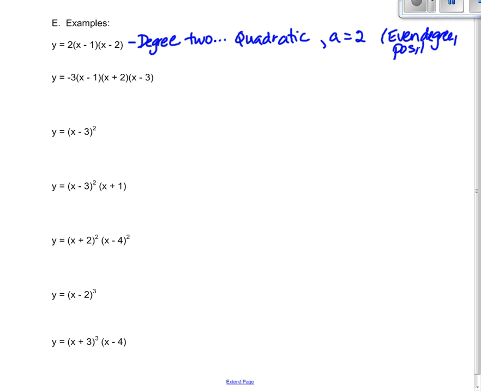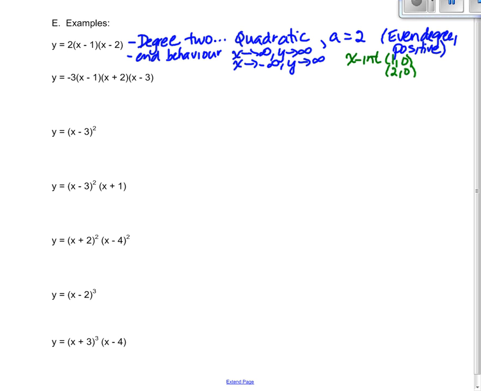So I know the end behavior. As x approaches infinity, the function itself increases. As x goes to the left, the function itself also increases. I know my x-intercepts because it's in factored form. There are 2 of them. The first one is 1, and the second one is 2. My leading coefficient is 2. I've said that already. Let's go to the next one.